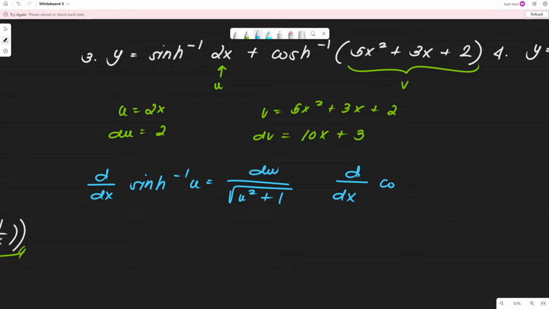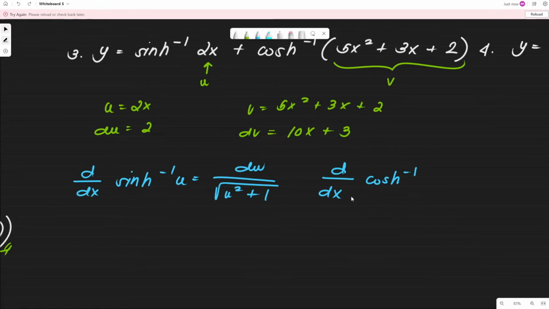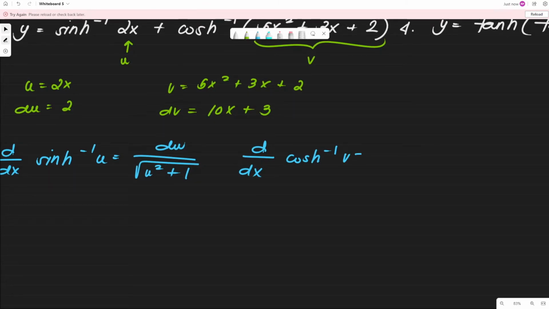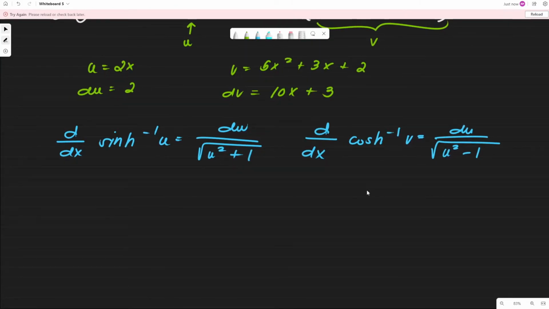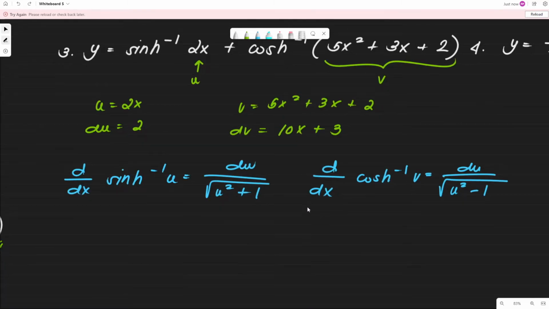This is equivalent to, magpapalit lang ng sign, du over square root ng u squared minus 1 naman. Okay? So, plug na lang natin. Take into consideration, baka mamaya meron tayong negative sign. Wala naman. So, that's good.